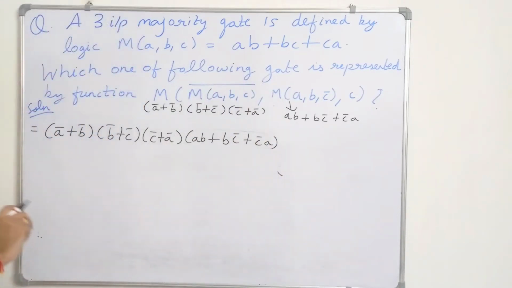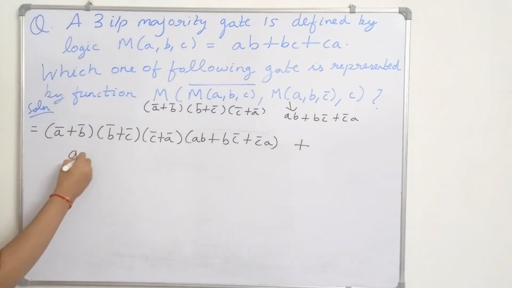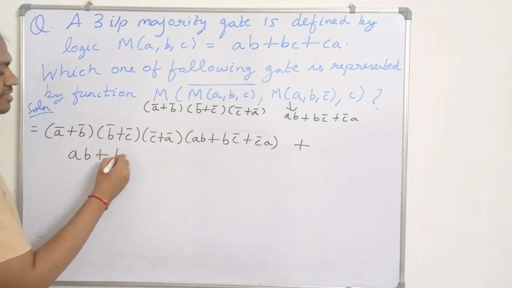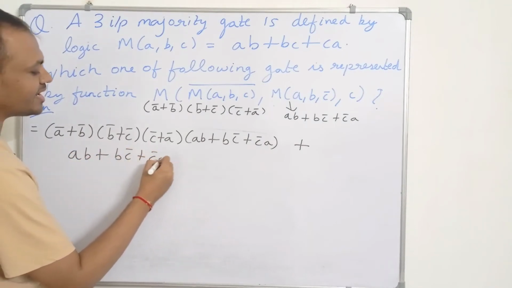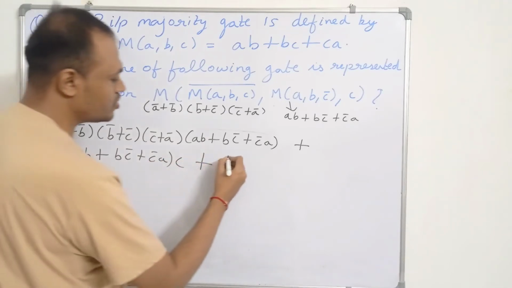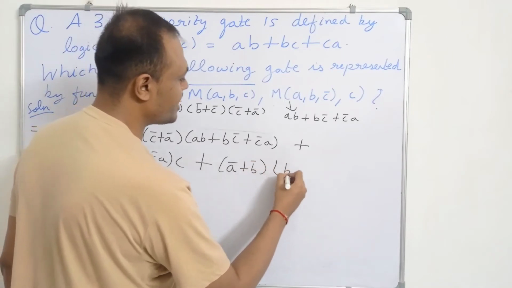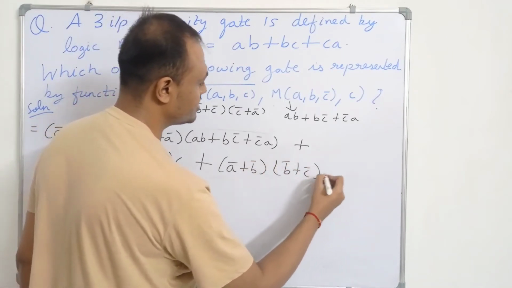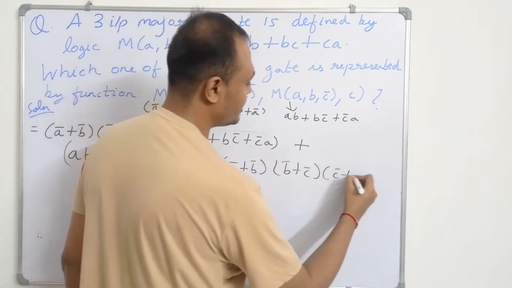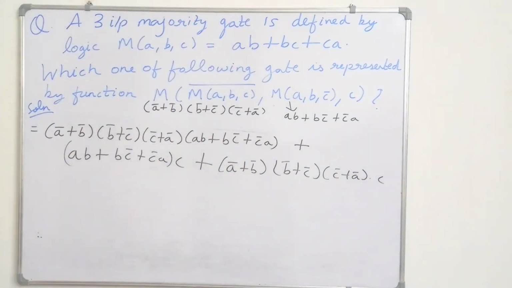This is equal to AB. Now I am writing BC, so plus (AB plus BC bar plus C bar A) into C. Now I am writing AC: (A bar plus B bar)(B bar plus C bar)(C bar plus A bar) into C. Now we just have to multiply them.